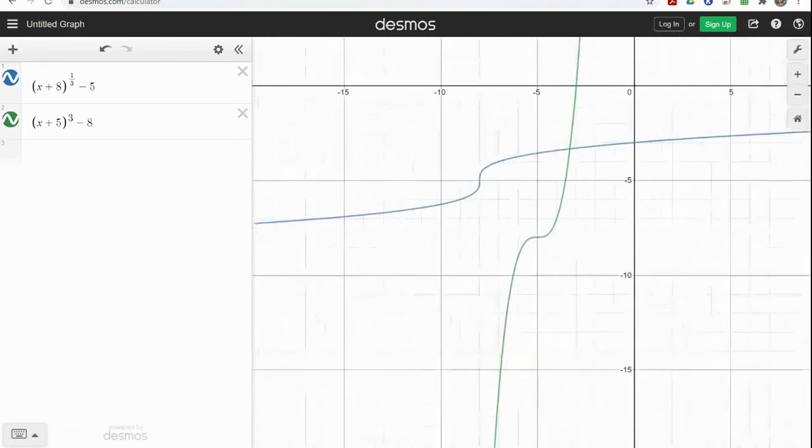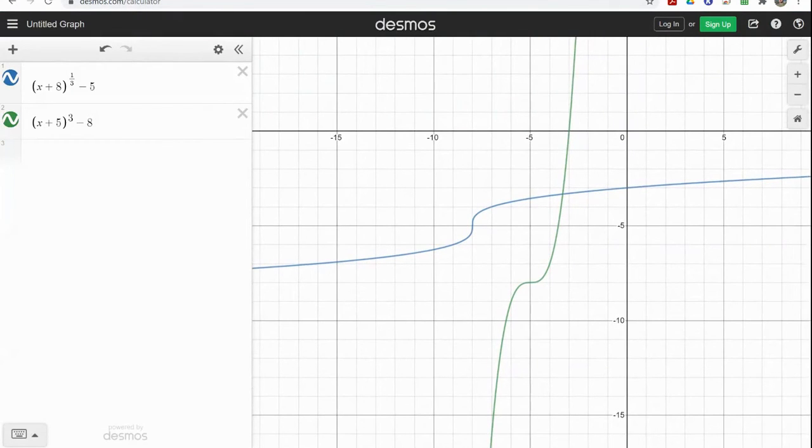And you can kind of see how this inverse works. They are a reflection across the line y equals x. But we could also see readily that the blue function, the inverse, is a function, because we already know it passed the horizontal line test for our original function.